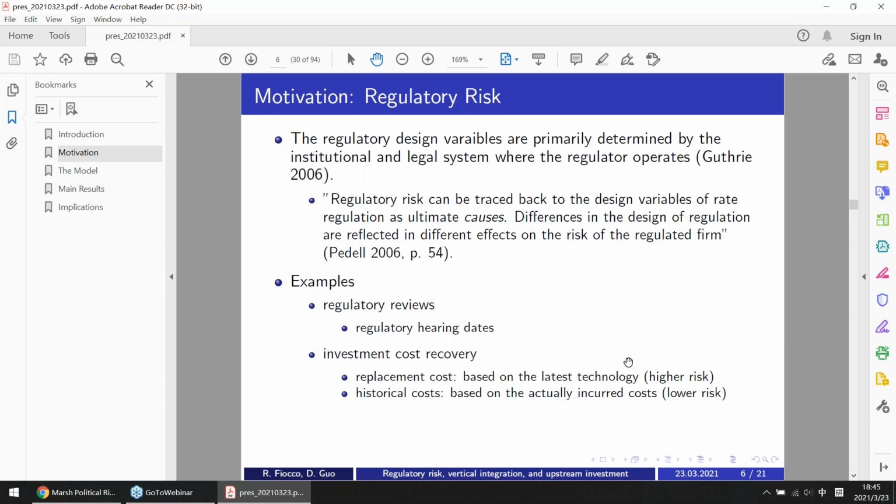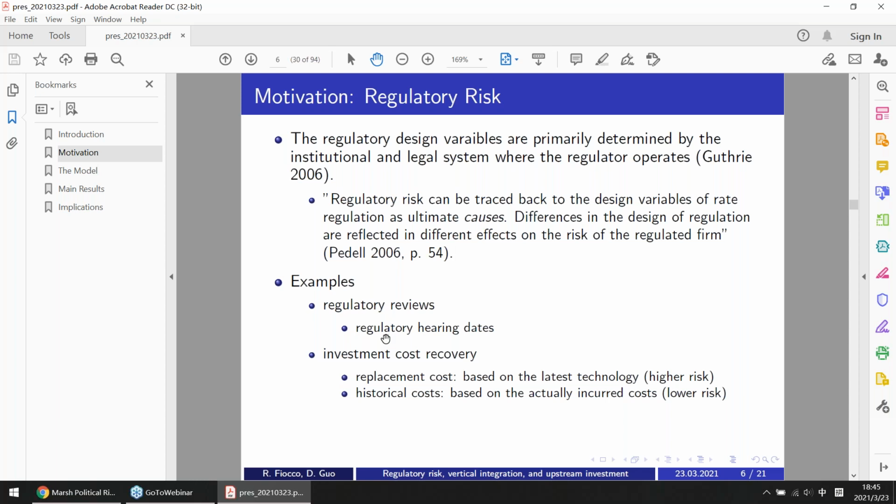I think my previous answer covered some of this question, but I would like to say something more. For example, we mentioned that if the regulator uses regulatory hearing days, then it brings the regulated firm higher risk.